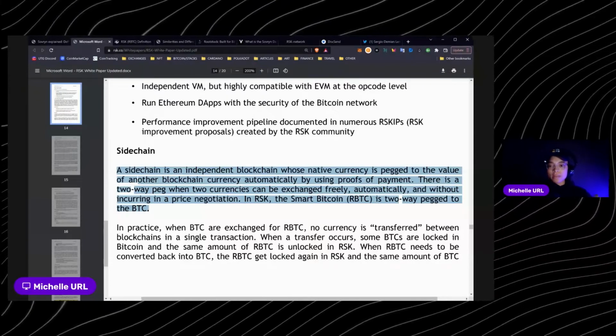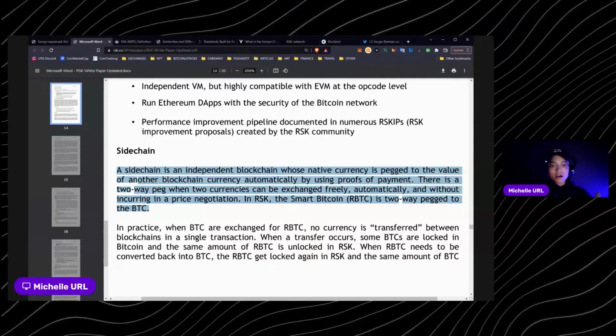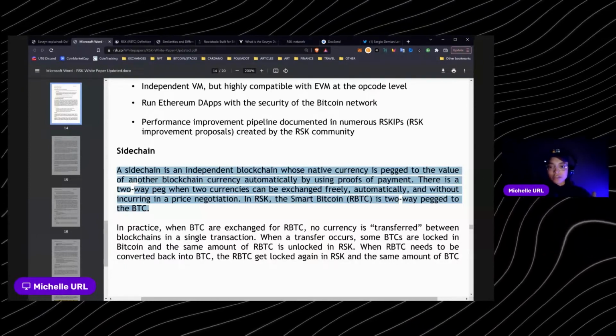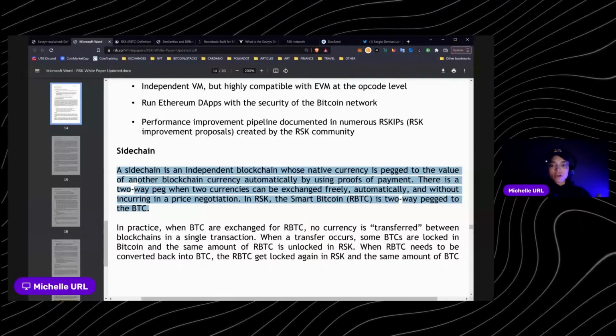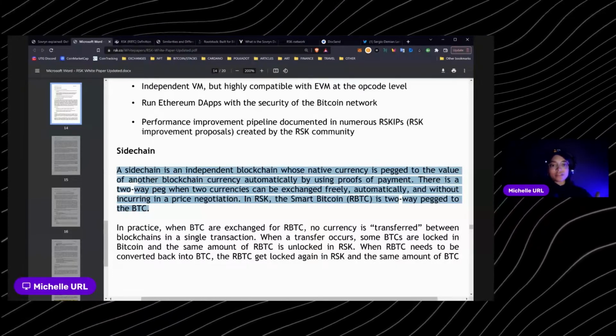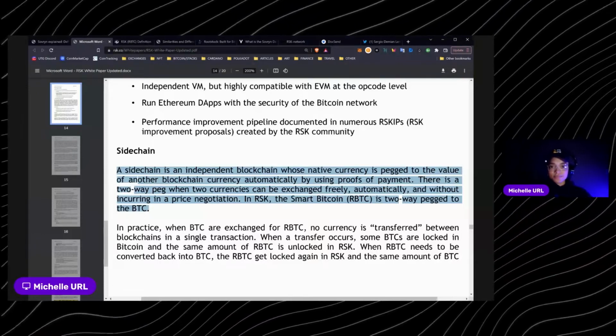There is a two-way peg when two currencies can be exchanged freely, automatically, and without incurring in a price negotiation. In RSK, the smart Bitcoin, RBTC, is two-way pegged to the BTC.